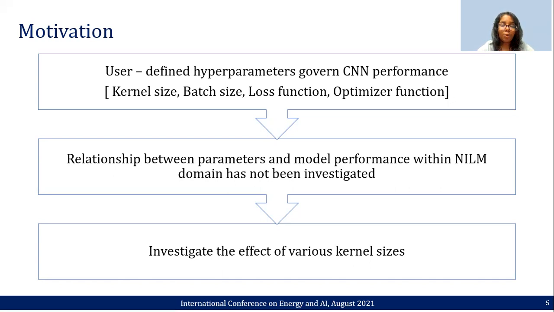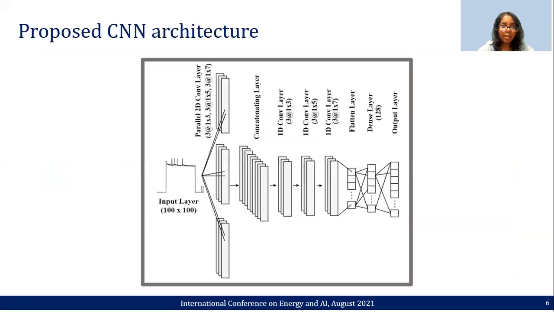Therefore, this presents a motivation of our research to investigate the effect of various kernel sizes on the performance of the NILM architecture. Therefore, we performed a rigorous experimentation with the aim of proving the generalization capability of kernels to achieve the optimum CNN performance.